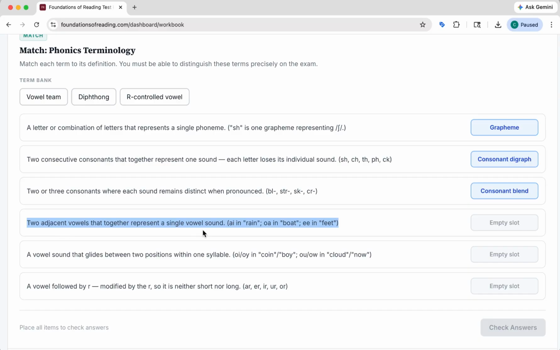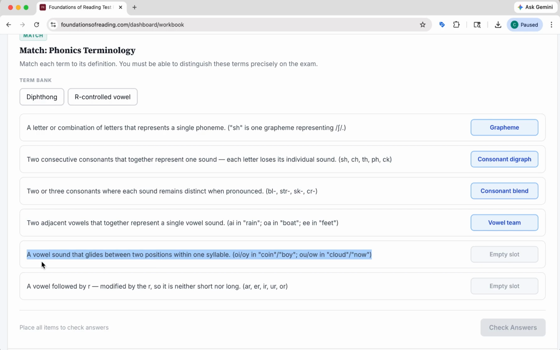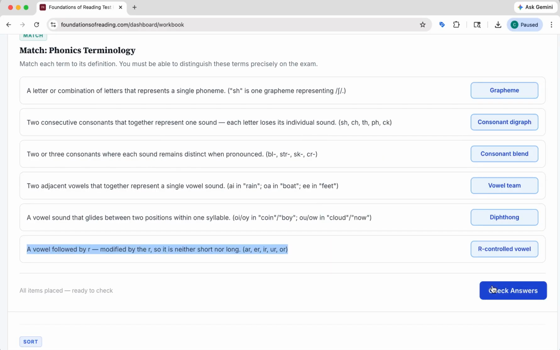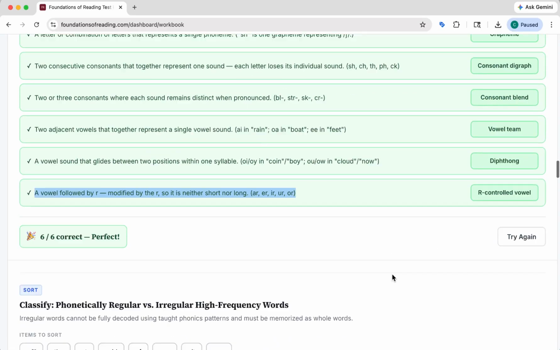So a single sound here, that is the vowel team. Put that there. A vowel sound that glides between two positions within one syllable. Two positions, one syllable. Diphthong. Here we go. All right. A vowel followed by R, and pretty confident of that one. Good. 6 out of 6.